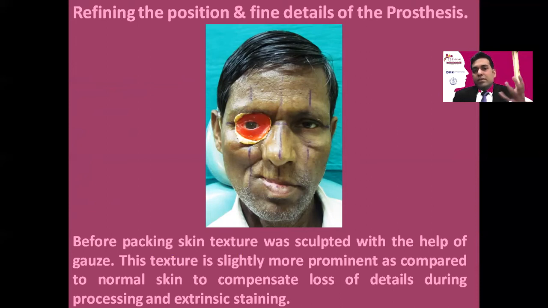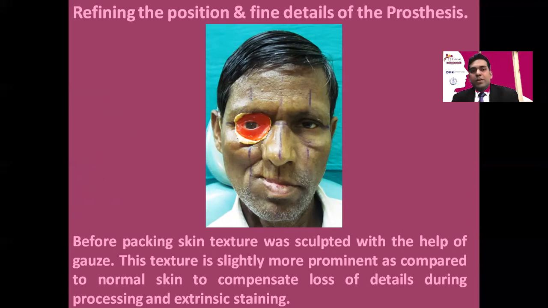Before packing, skin texture can be sculpted with the help of gauze. This texture is slightly more prominent as compared to normal skin to compensate for the loss of detail during processing and extrinsic staining. Once you process, some of the surface details get lost, and after application of extrinsic stains as well, these details get lost.